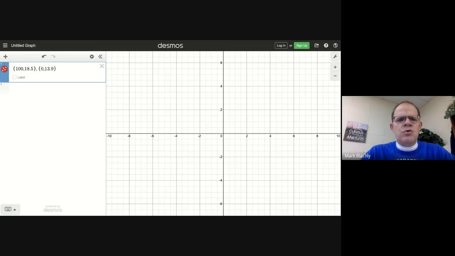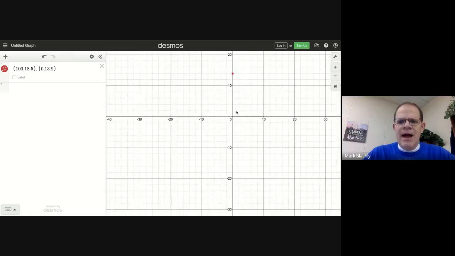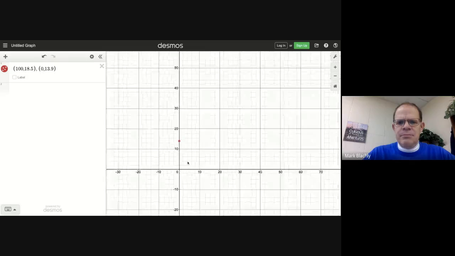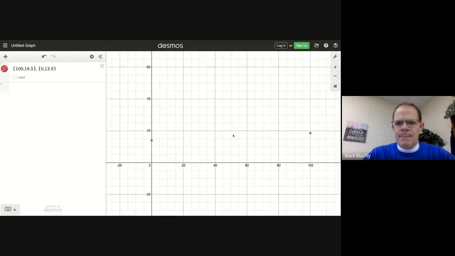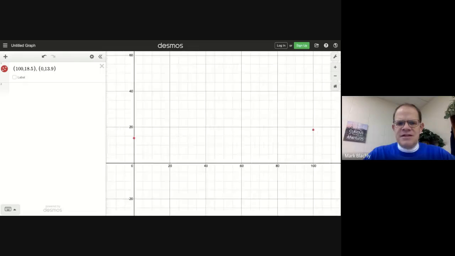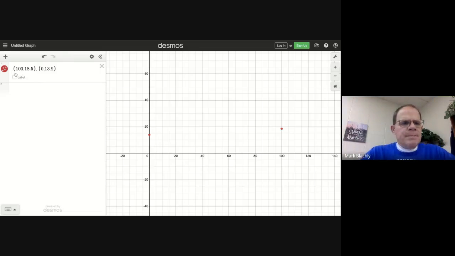Those are our two data points. And they're not going to show up on the graph yet, so you'll have to zoom out on the graph to be able to see those data points. So there we go. I can kind of see them now. Go ahead and try that. You got to put parentheses around each data point, and you got to put a comma between them.